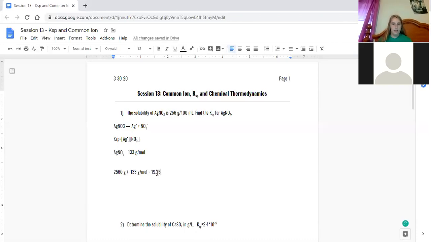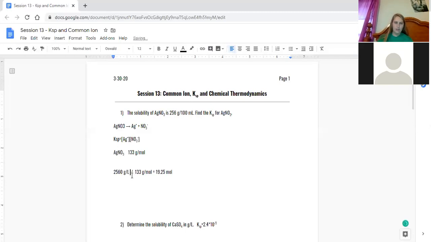Got that, and that's moles. So now we'll be able to find our molarity from that. We know it's in 1 liter from up here.